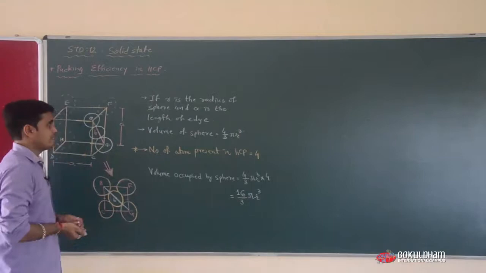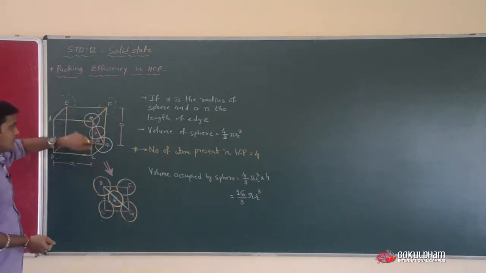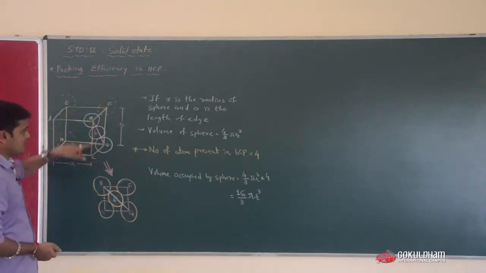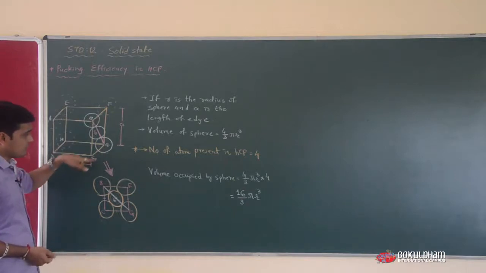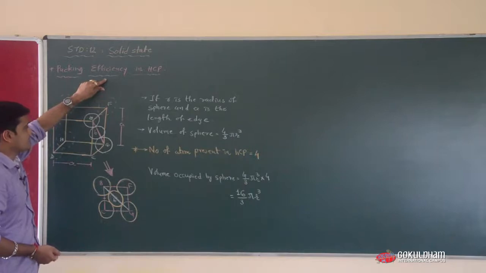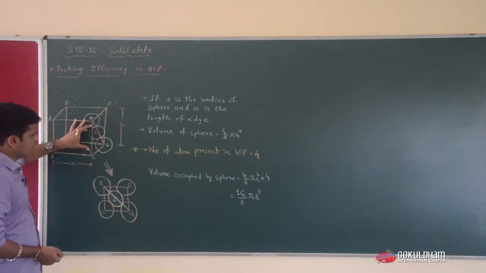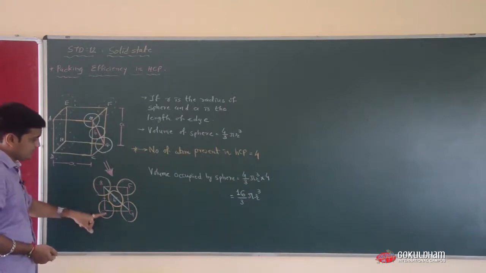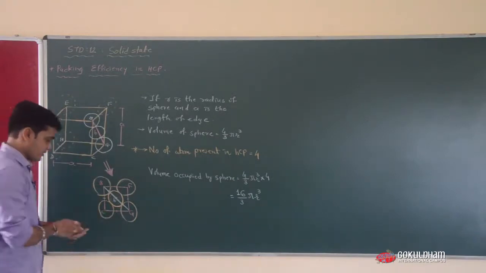In body centered, you have two triangles. One is there and the other one is in the bottom of this line. But in this CCP category, you have only one triangle and that triangle is considered as BCG.